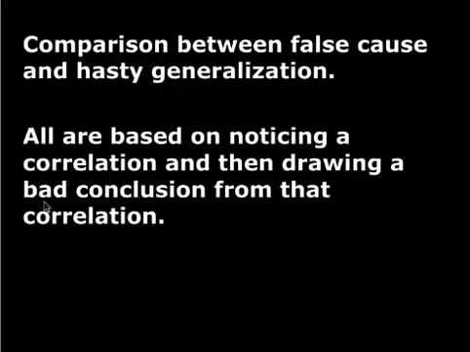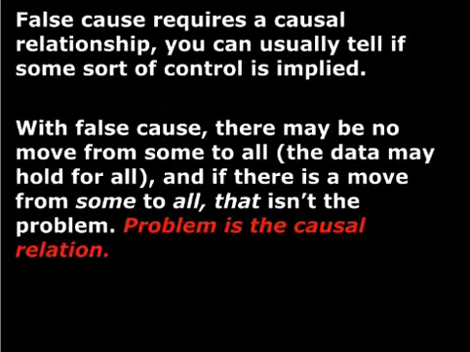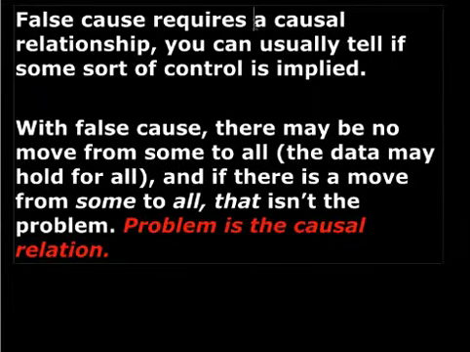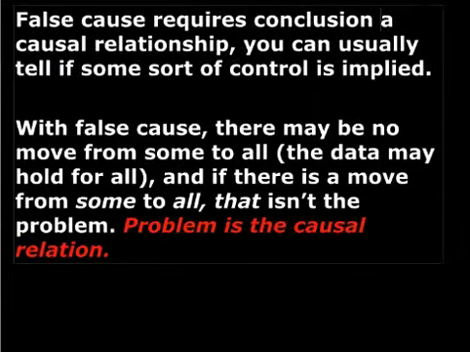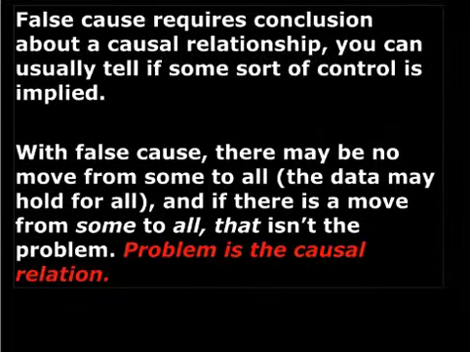The difference is, there's two differences: the type of correlation and especially the type of conclusion that's being drawn. False cause requires a conclusion about a causal relationship. Okay?